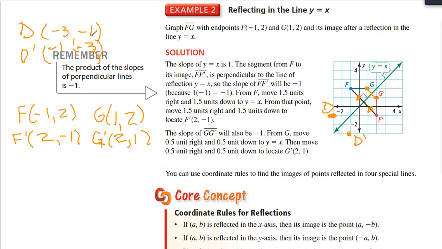I got negative 3, negative 1, negative 1, negative 3. What's the pattern? Here, I'll do another one. How about this point and its reflection here? This one is 1, 4. Calling this A, and this is A prime. A is 1, 4. A prime is 4, 1.